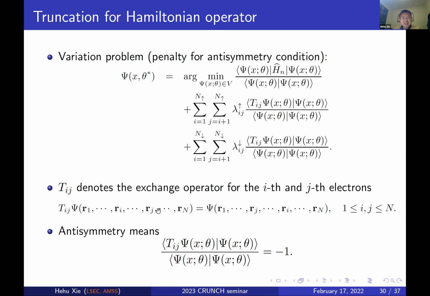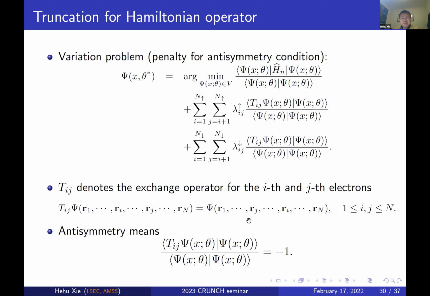So we need to apply the exchange operator to the wave function and then take the inner product with the function itself, and this should equal -1. We treat this constraint condition by the penalty way, so maybe it also makes the optimization problem more difficult to solve.